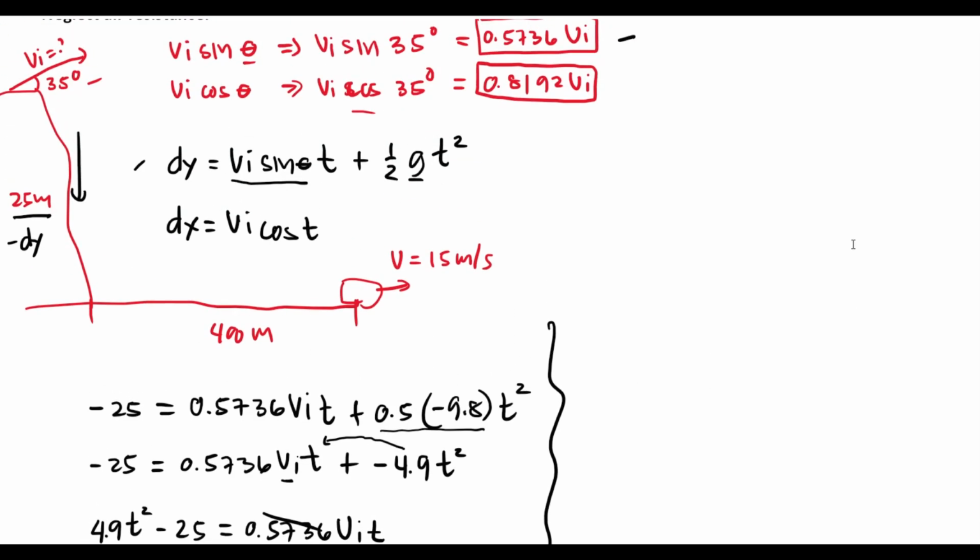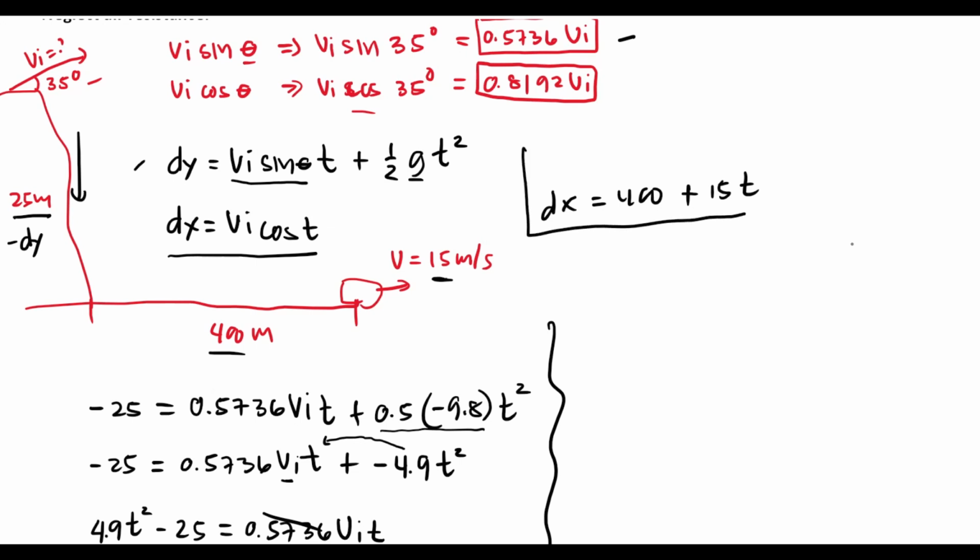To solve for the time, using this formula, take note that dx is equal to 400 meters plus 15 meters per second times the time. Take note that this one is plus if the object is moving away, but minus if the object is approaching.